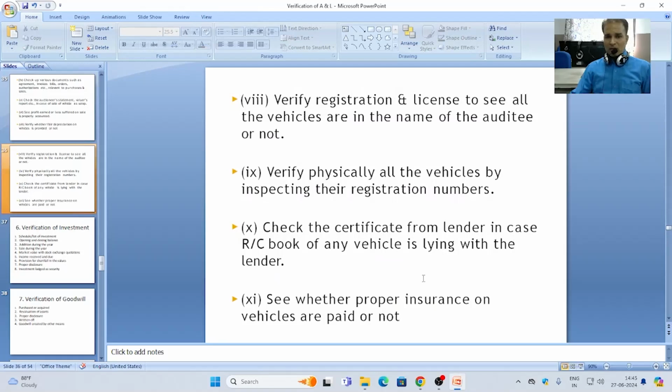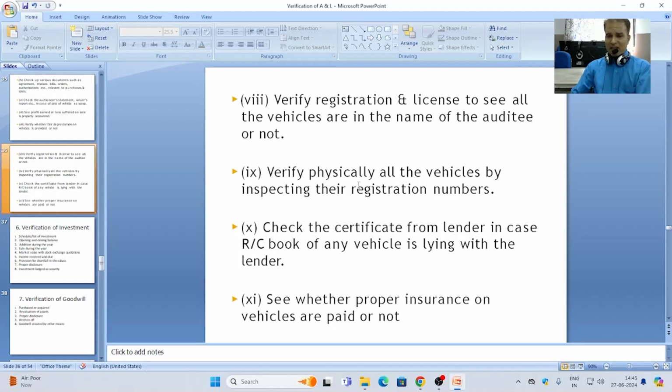The auditor should verify registration and license to see that all the vehicles are in the name of the auditee or not. Means all the bills and title should be in the name of the client business. If there is any purchase of a second hand vehicle, then a transfer deed should be there.